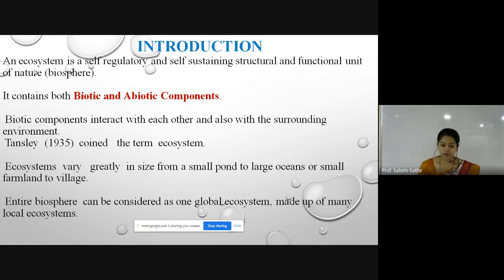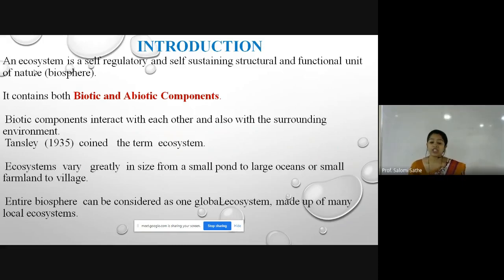That is the biosphere. It contains both biotic as well as the abiotic component. What is biotic component? The living component is known as the biotic component. Here the plants, animal, microorganism, these all are the biotic components and others are the abiotic components. Soil, rock, etc. are the abiotic, water, these are the abiotic components.